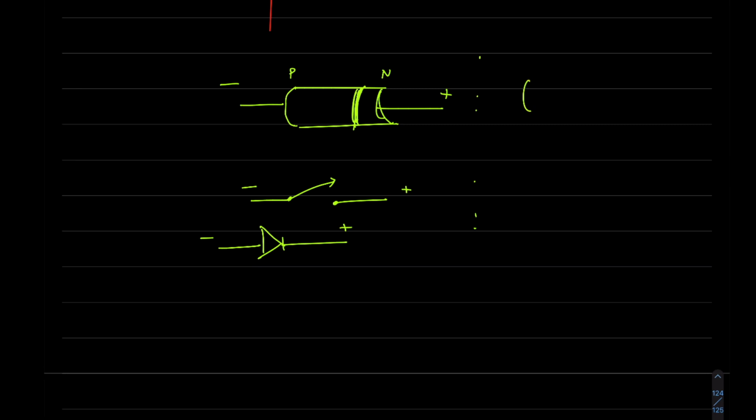And in forward bias, it will become plus, it will become minus, it'll act like a closed switch, minus plus or.